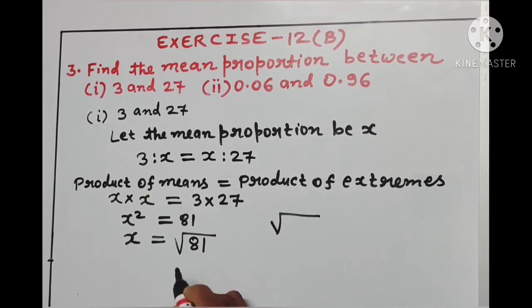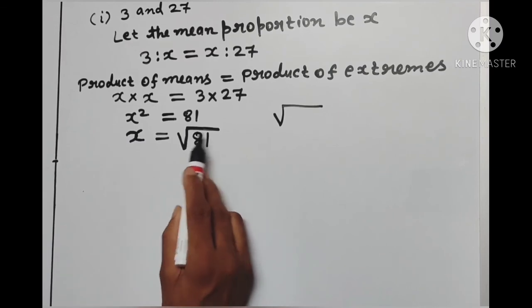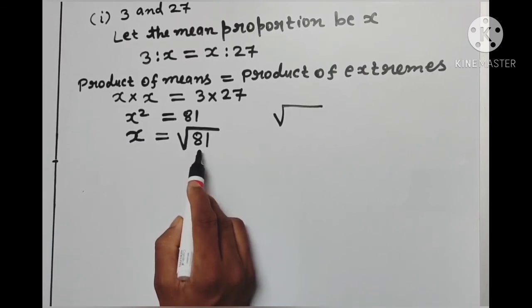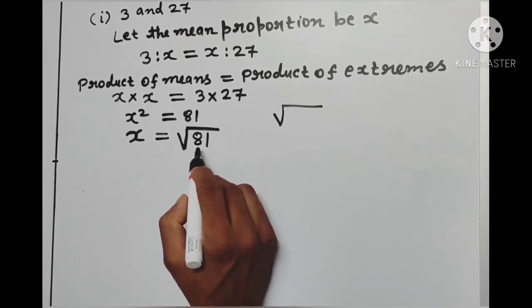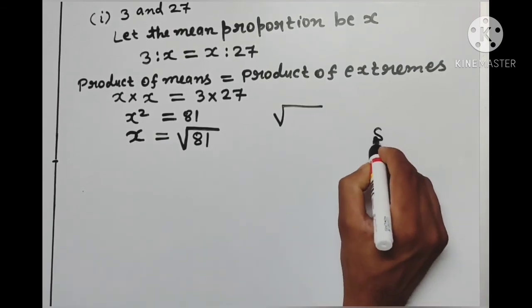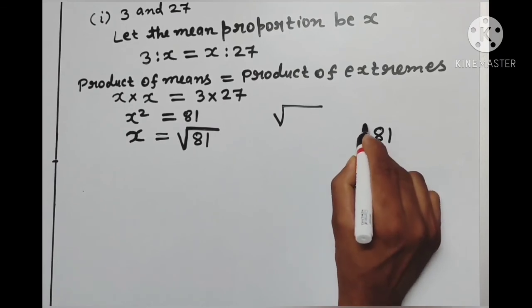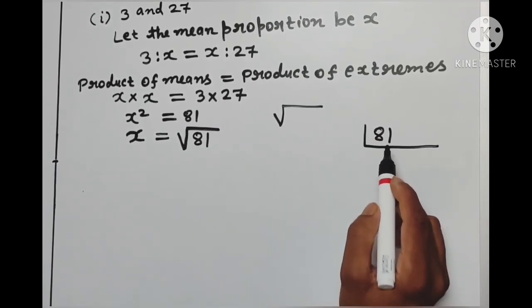Clear? Now I am going to find the square root of this number 81. So for this I have to write the prime factorization of this number, that is 81. So here we are going to find the prime factorization of this number 81.